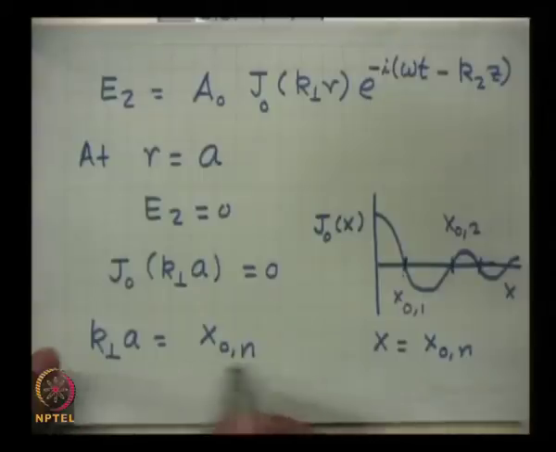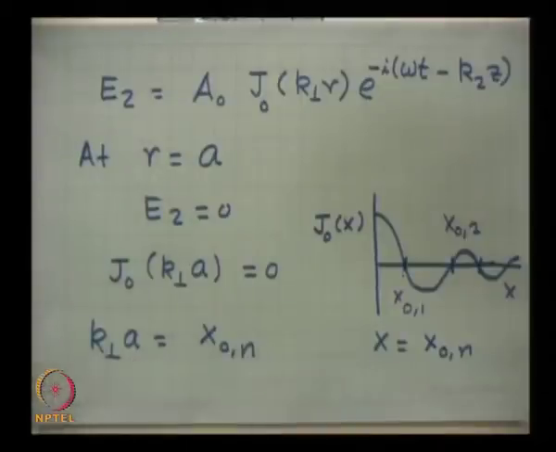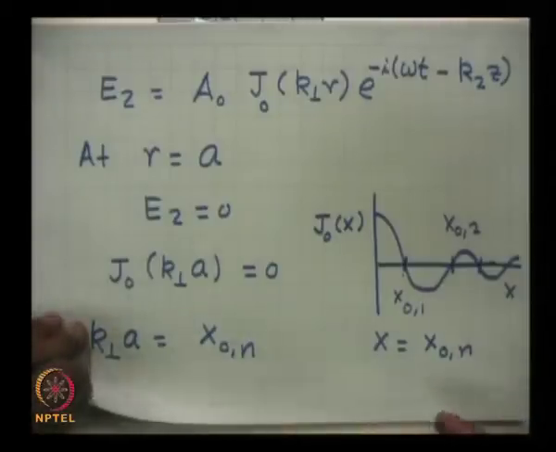Once k⊥ is quantized by this condition, then if I substitute the value of k⊥ in the definition of k⊥, I get the dispersion relation for the electromagnetic mode. This is what we were looking for.